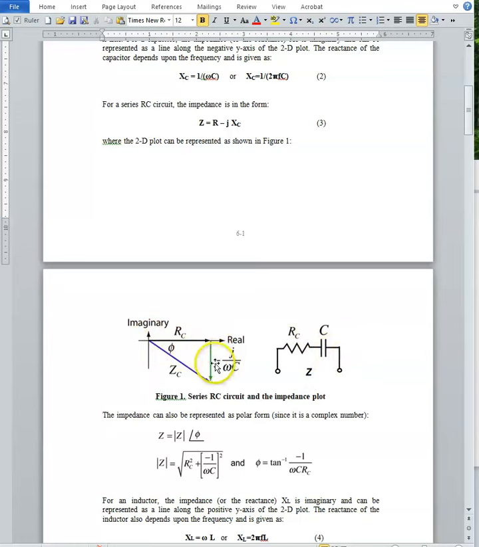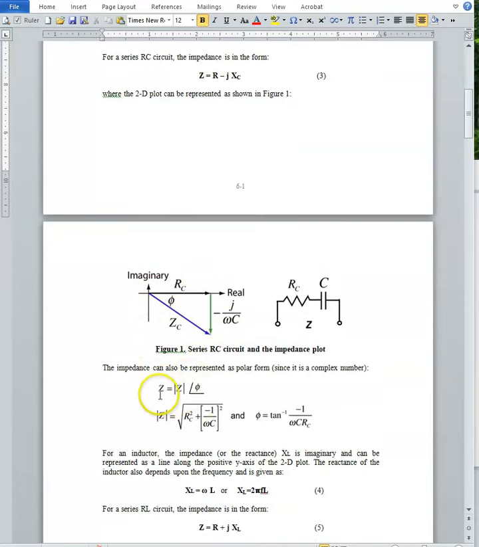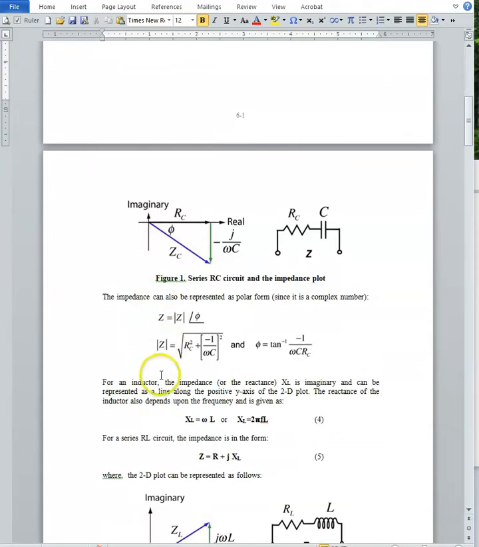The amount is given as minus j over omega C. And the resistor component is on the real axis, and the combination gives you the total impedance Z of the RC circuit. You should look at this theory.